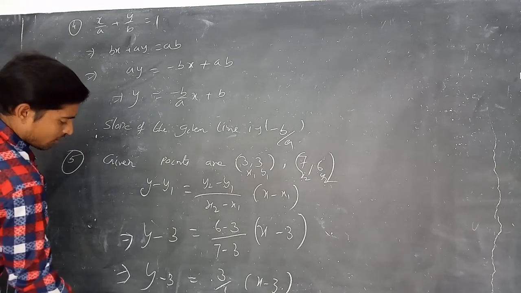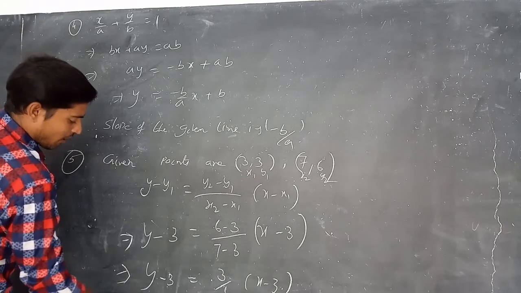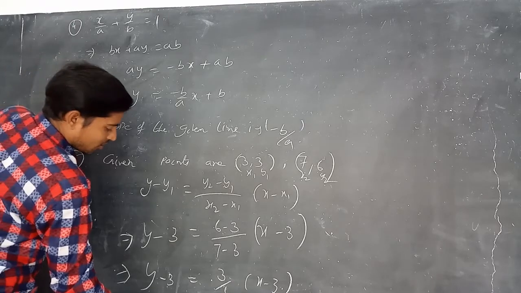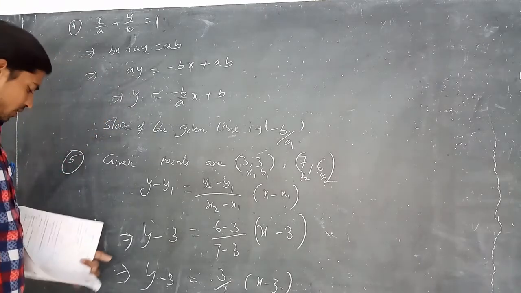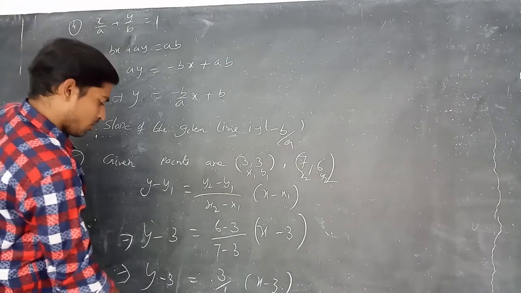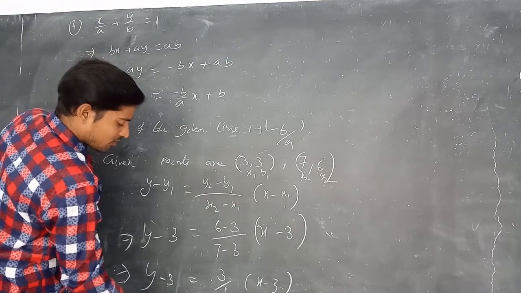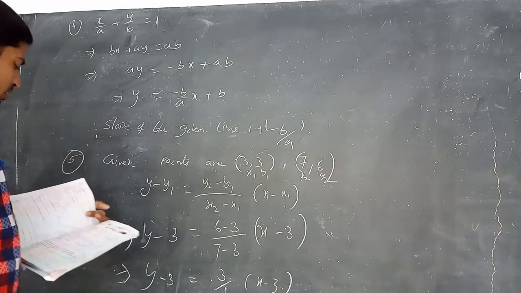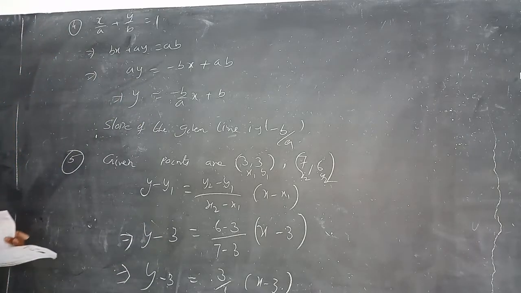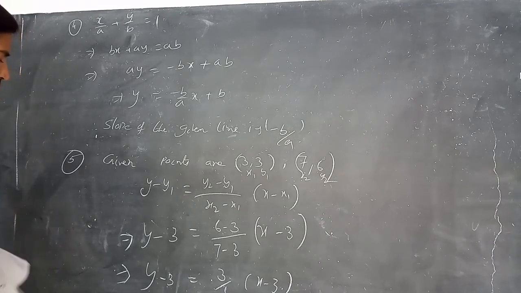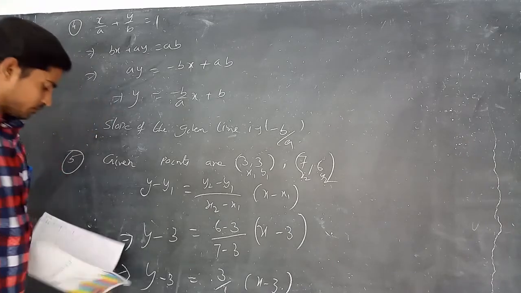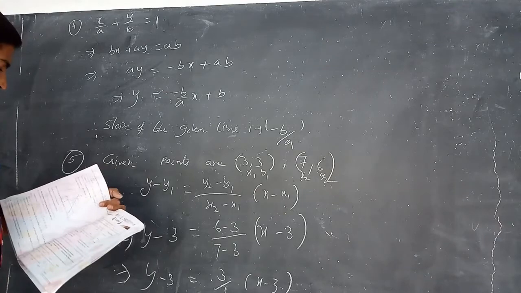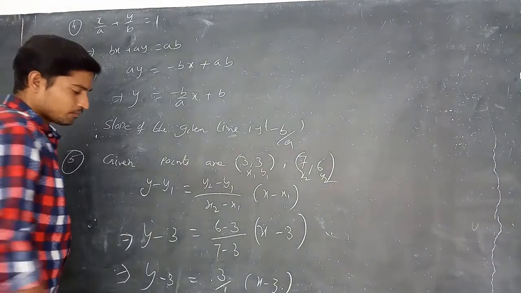So 3x minus 4y plus 3 equal to 0. Right?